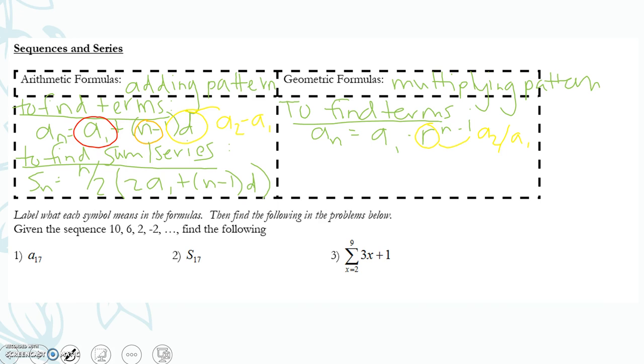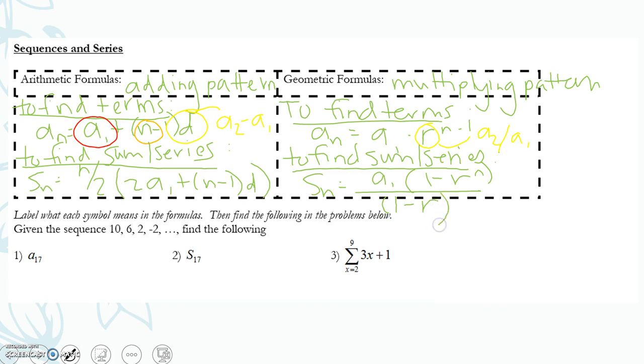For geometric, to find the sum or the series, here's the formula you use. A1, first term, times 1 minus the ratio to the nth power, and in parentheses, they're not going to have it in parentheses on your formula sheet, but you need to remember to include that in your calculator, is 1 minus r.